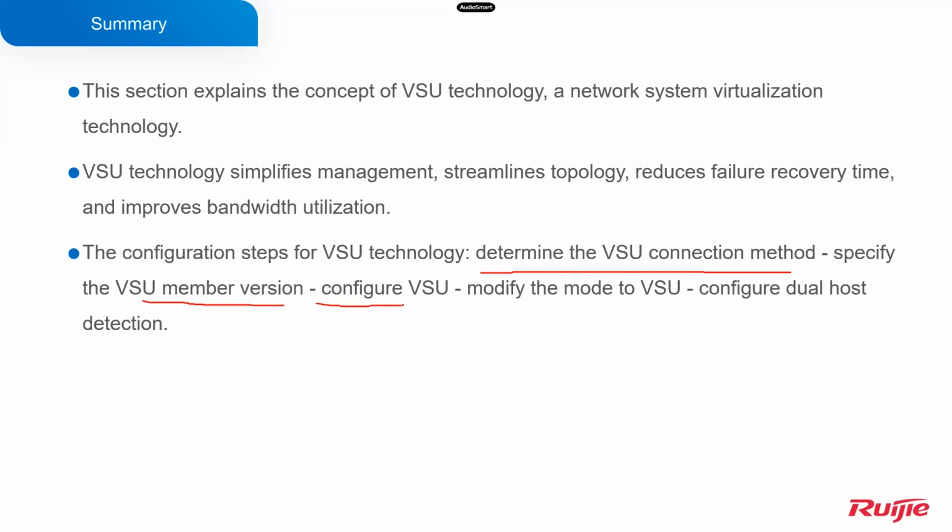Then you have to add some key configuration of the VSU, including the domain ID, switch ID, priority, and VSL link. And then you have to modify the mode from standalone to VSU. The next step, we suggest you add dual-active detection. You can use BFD. It's better to detect whether your network connection in the VSU is ready or not.